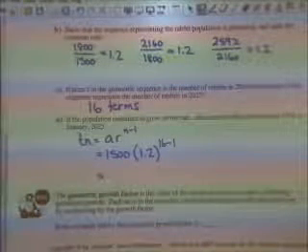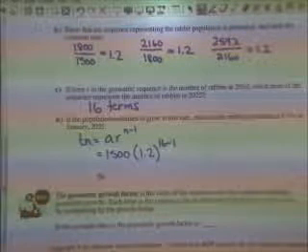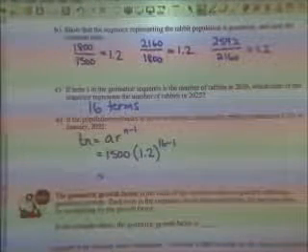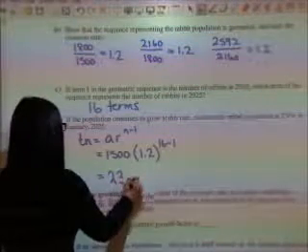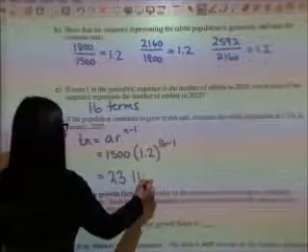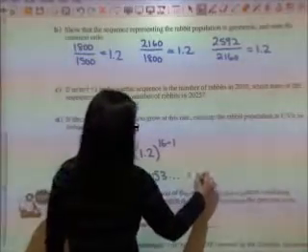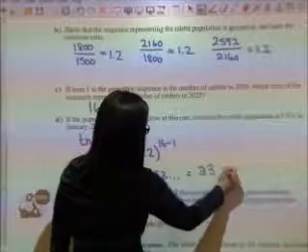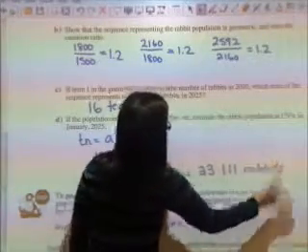So tell me what you get. What'd you get, Bobbiana? 23,110.53236. So 23,111 rabbits.